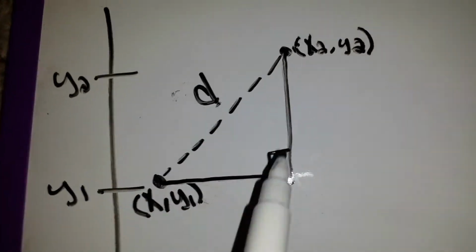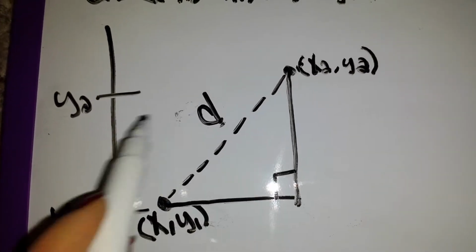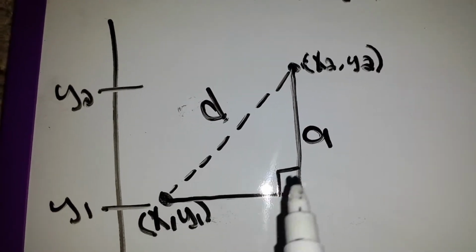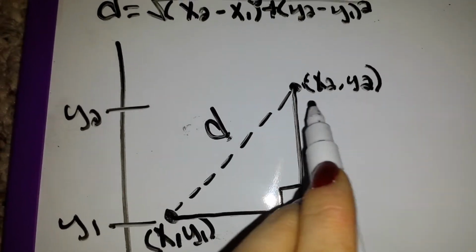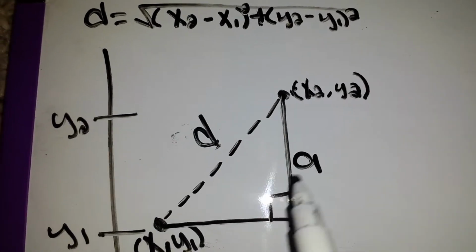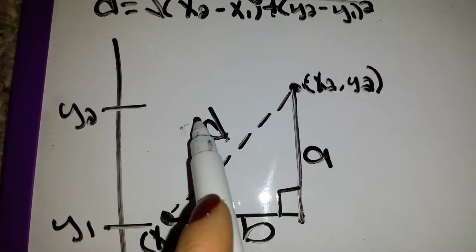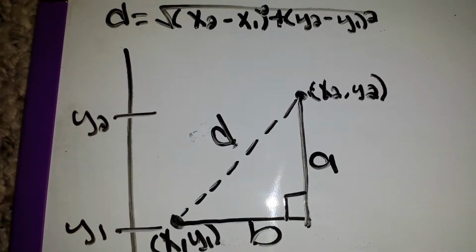They're both the same. So now we're just going to label this as A, because this is one side, and this is another. This is the missing one. So A, B, and you could put D or C.